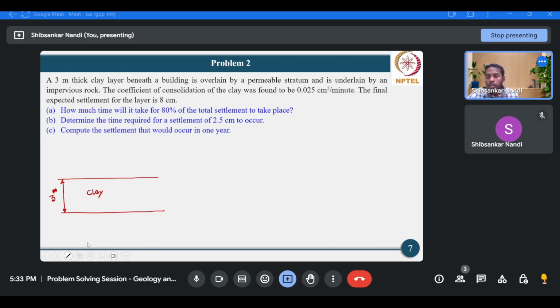On top of this clay layer there is a permeable stratum, and at the bottom there is an impervious rock.